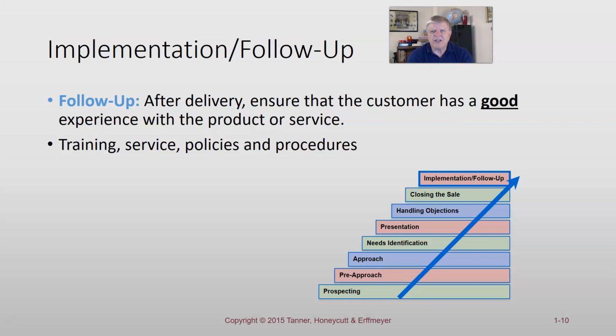Auto dealers are really good at that. You know, you buy a car and they say, why don't you come back tomorrow and we'll have the car all ready for you. It's probably ready right now, but they make a big deal out of it.